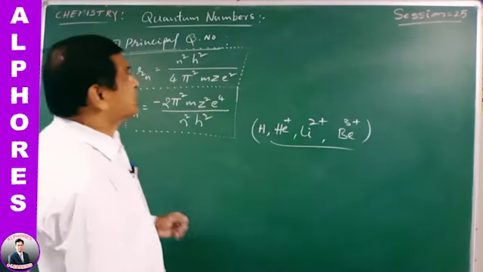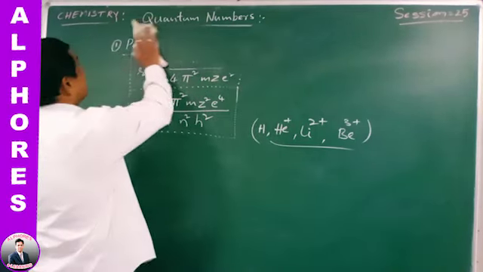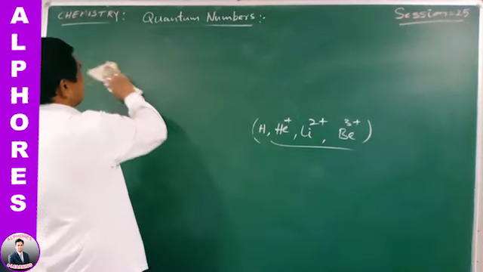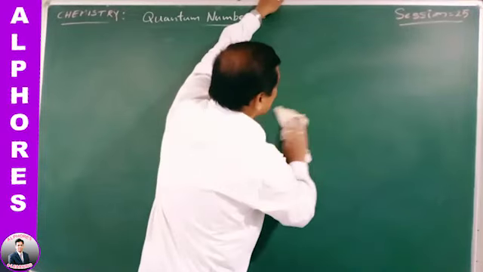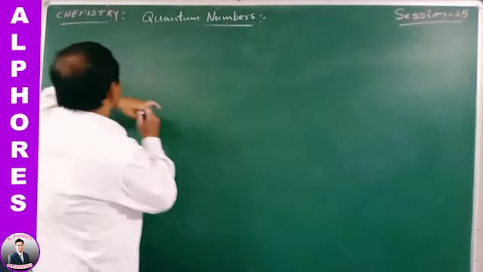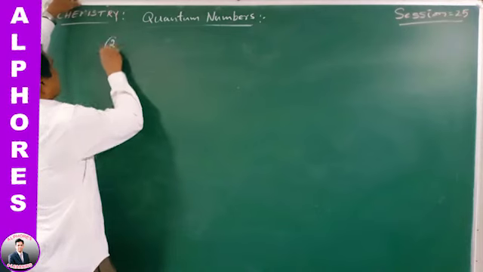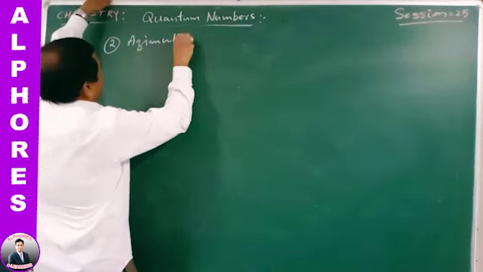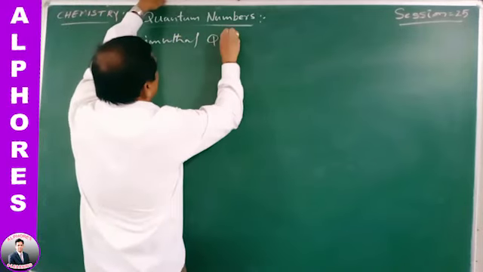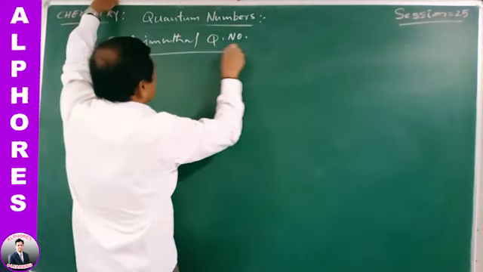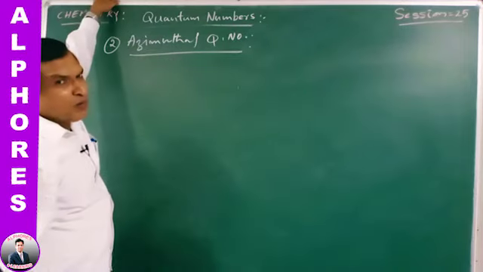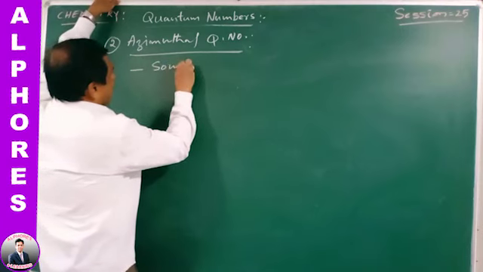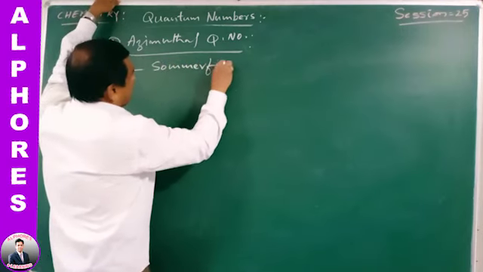Now let us take up the next one, the azimuthal quantum number. The second quantum number is the azimuthal quantum number. Let us write number 2, azimuthal quantum number. The azimuthal quantum number was explained by Sommerfeld.